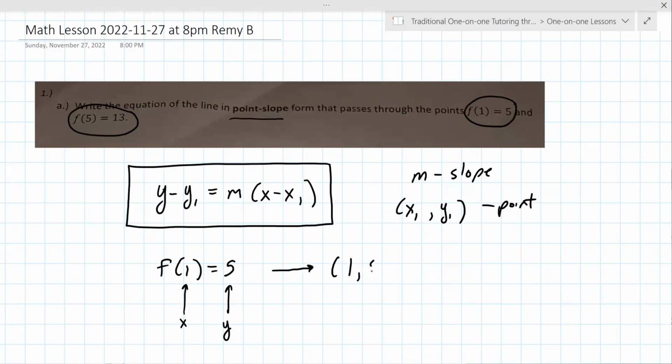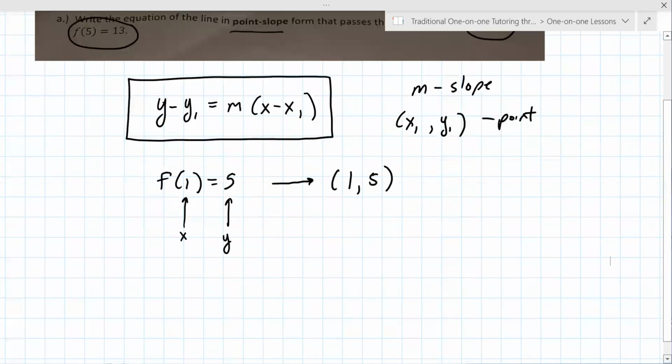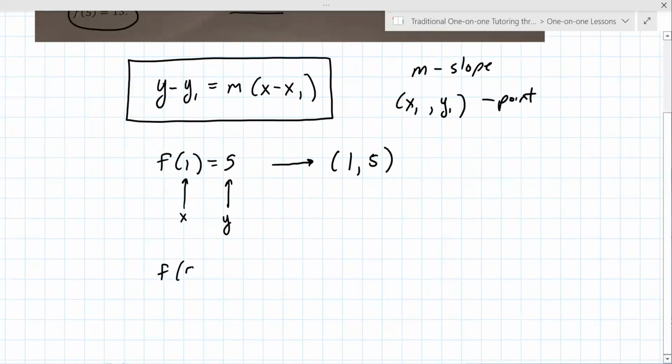So this becomes the ordered pair 1 comma 5. For the second ordered pair, we're going to use f of 5 equals 13. Could you tell me this as an ordered pair, please? 5 comma 13. Good. Okay, so we've got 2 points here.